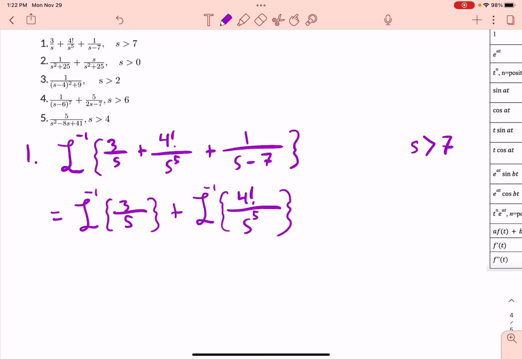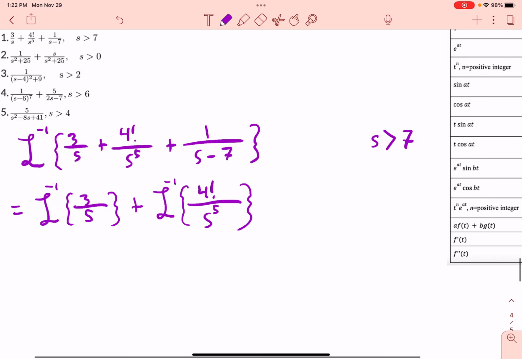Now, we could, of course, multiply out that 4 factorial, but I think we'll find in looking at the table that the table has a place with the factorial all written in it, and so it will be helpful to see it with that factorial written there. So I'm just going to leave it as it is. And then plus the inverse Laplace transform of 1 over s minus 7.